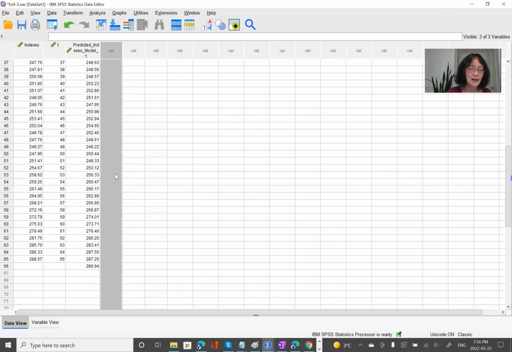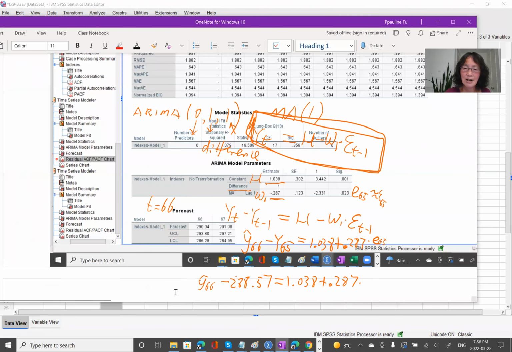For e65, you use 288.57 minus 287.25. So for this e, you get 1.52. So times 1.52. And then you can get the forecast.